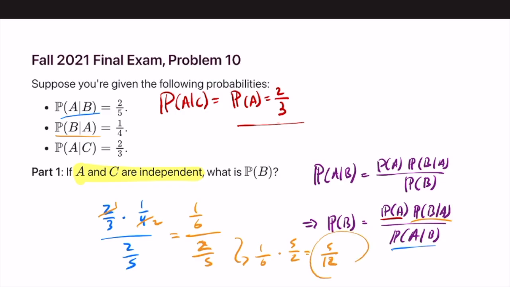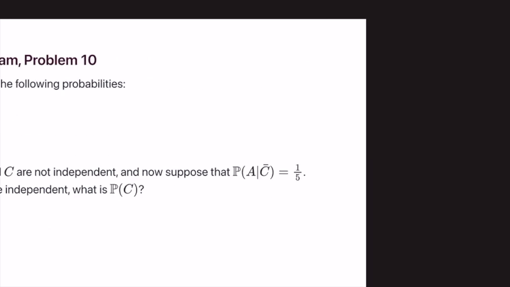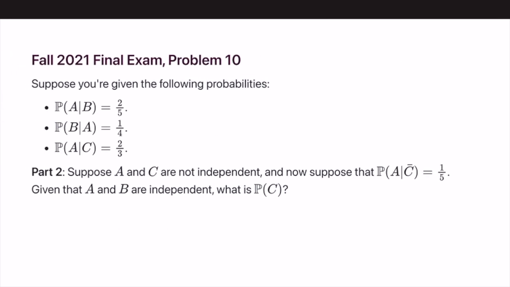Okay. And the next part of the problem, this will be the last one that we'll do because it's going to go long. Now suppose A and C are not independent, and the probability of A given the complement of C equals 1/5. Given that A and B are independent, what is the probability of C? Since A and C are not independent, it's 1/5 and 2/3.